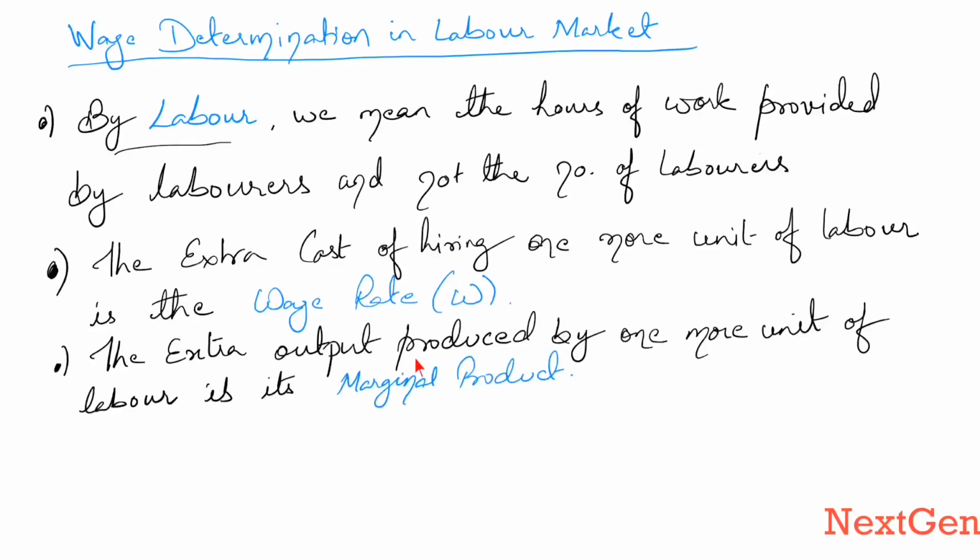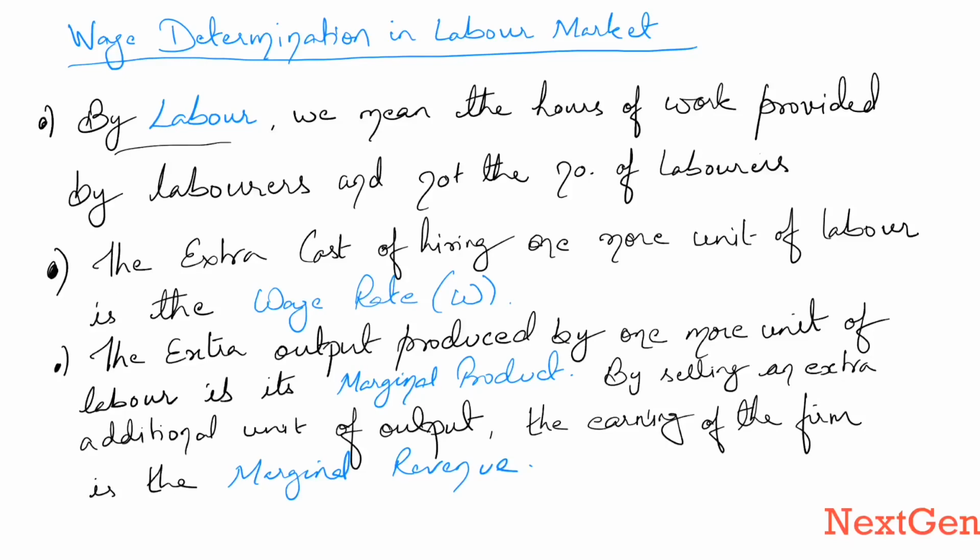The extra output produced by one more unit of labor is its marginal product, and by selling an extra additional unit of output, the earning of the firm is the marginal revenue.